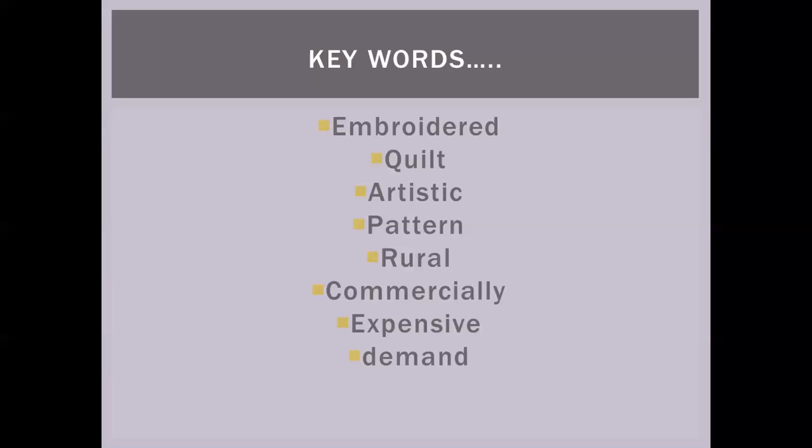Nokshikatha is a kind of embroidered quilt. It means it is a katha which is embroidered. The name was taken from the Bengali word noksha, which means artistic pattern. It means it was a Bengali word naksha, and naksha means artistic pattern or design.